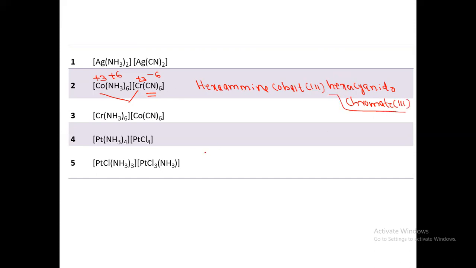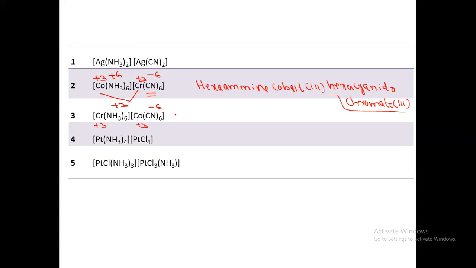Okay, now look at the third one. Same thing, right? Only the metal is being interchanged. So here again it's cyanide minus, balancing plus, and that will be distributed equally, so plus 3 each.